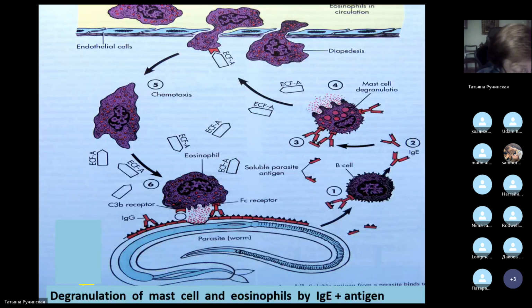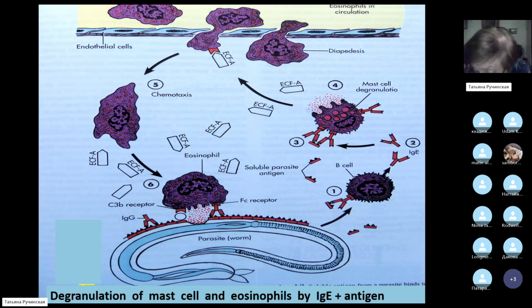That is why this will lead to the killing of these parasites. Is it clear? This is one example of uncompleted phagocytosis.